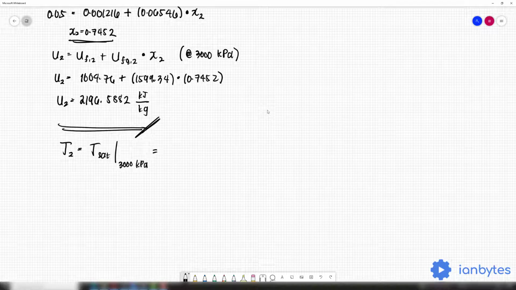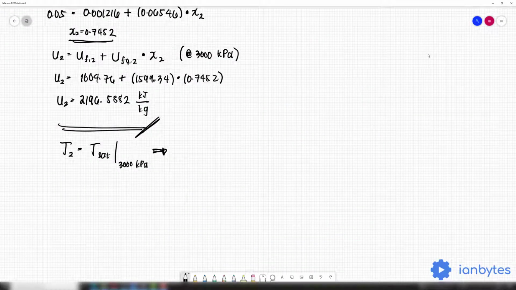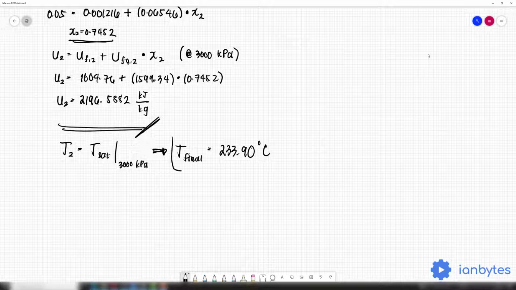So inspecting our thermodynamic table very quickly, we have 233.9 degrees Celsius as the saturation temperature at 3000 kilopascals. So T final, or basically T2, is equal to 233.90 degrees Celsius. This is now our answer in letter A.